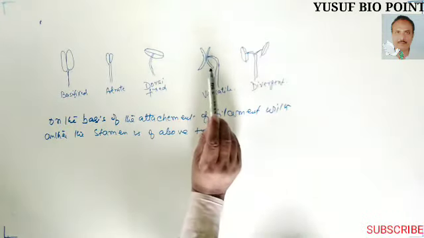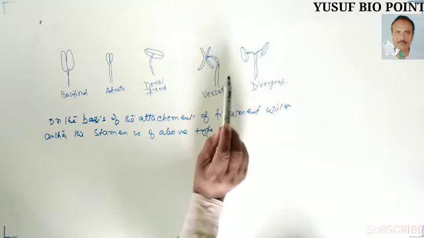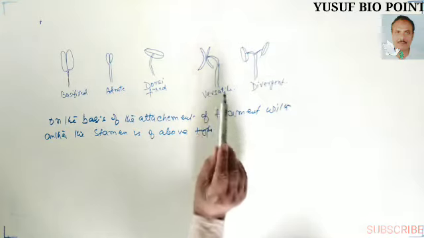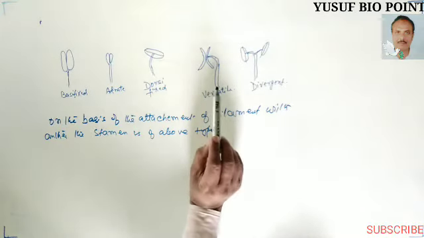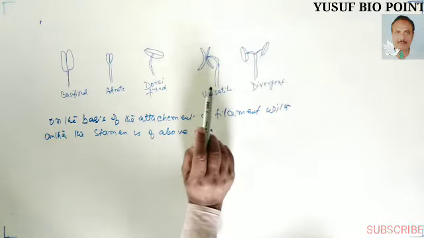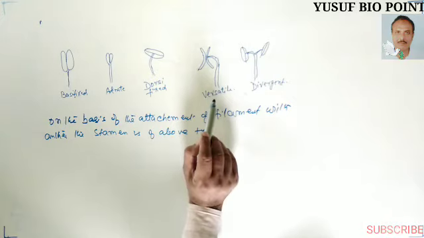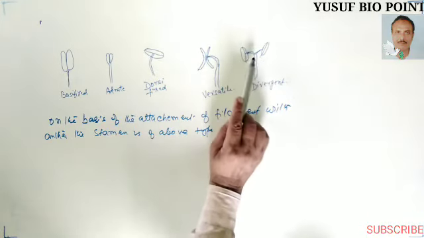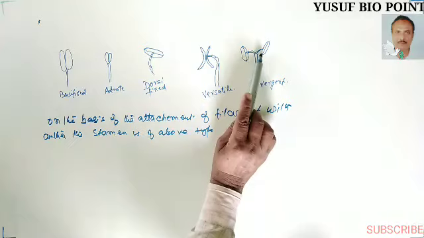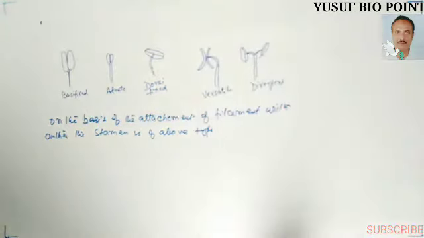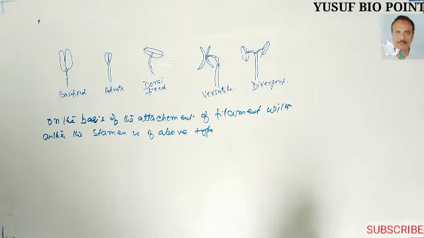And if the anther is in a hanging position, and the attachment is like that, means it can easily swing in the air, such a type of attachment is found in wind pollinated plants like grasses, and this is called versatile. And if the filament is divided into two parts having anthers, that is known as divergent.